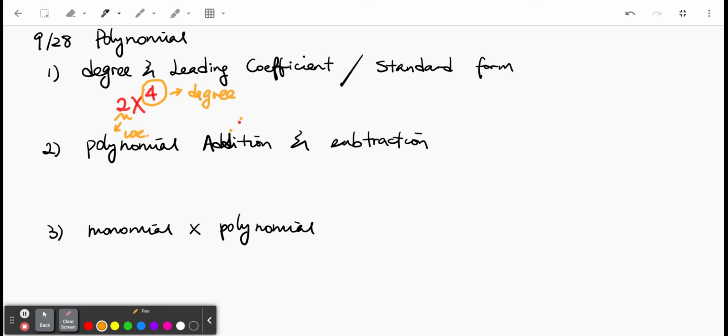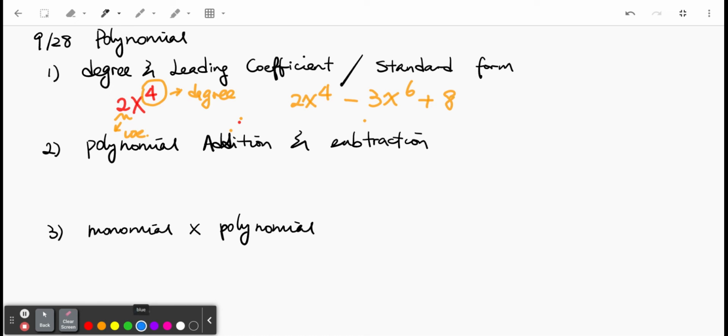If you see a longer expression, for example, 2x to the power 4 minus 3x to the power 6 plus 8, here we have variables to various degrees and also an 8.